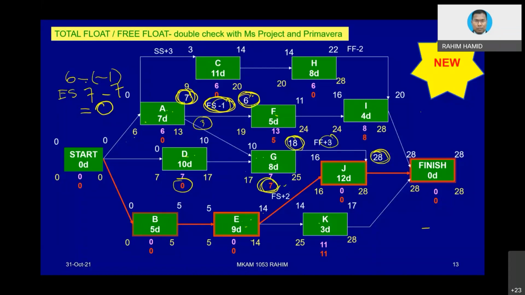Similarly with H and I, because H and I is not a finish to start relationship. But look at the relationship. So this is the figure that you need to consider. How do you calculate that? Actually, 20 minus 2, which is basically 22. Then only you minus this one, 22.